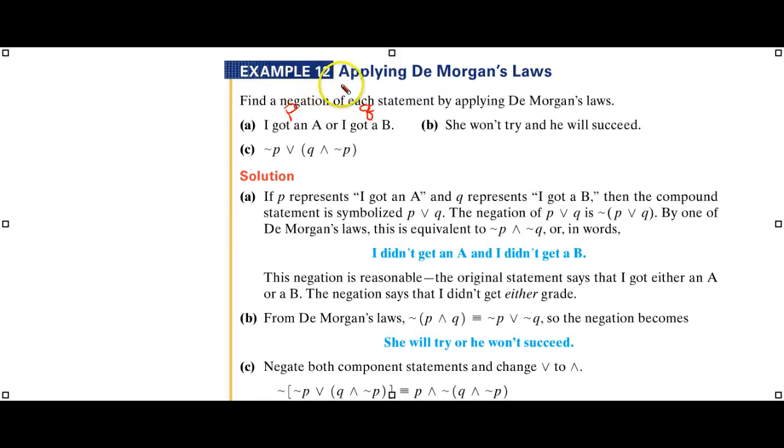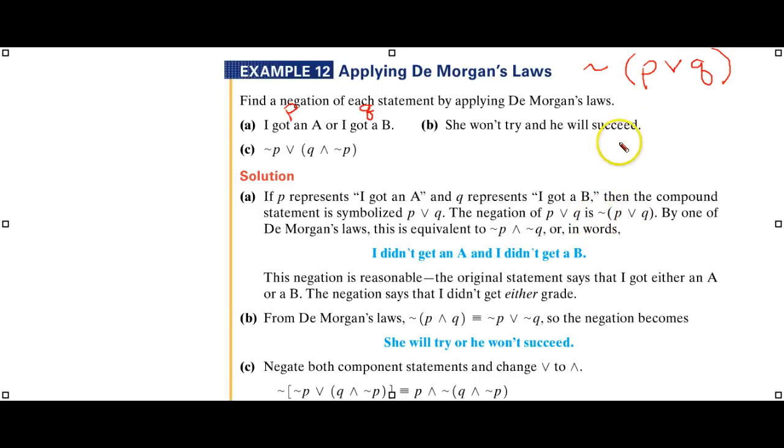Okay, in example 12, we're going to apply De Morgan's law. They're saying I got an A. We're going to say that is P. And I got a B. That is Q. Now this is an or statement. So this would be P inverted caret Q. Now the negation of that, you could put that in parentheses and negate that, which is what they have right here.